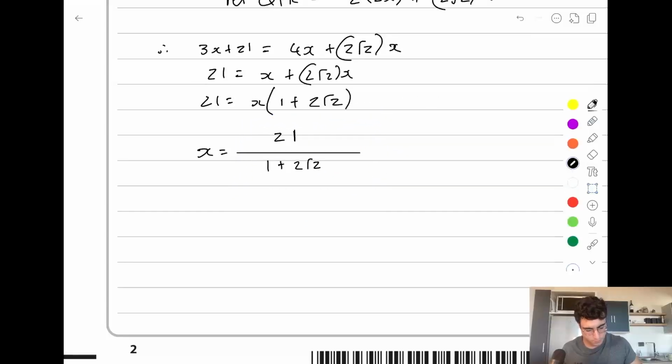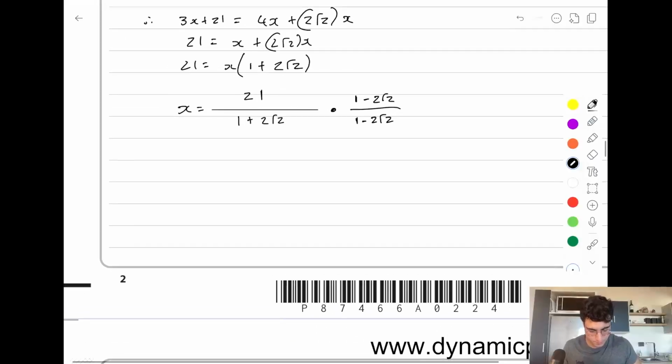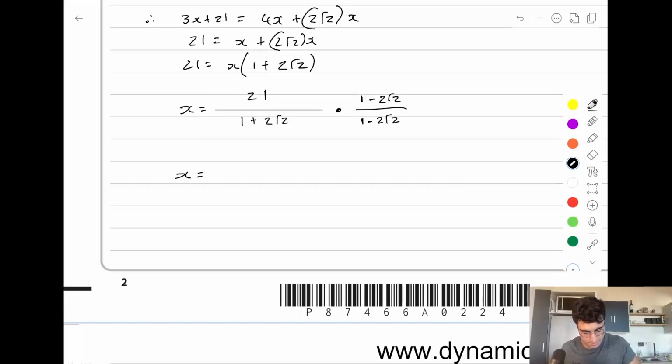Now what I'm going to do is rationalize the denominator, multiplying by 1 minus 2 root 2 over 1 minus 2 root 2. So x then is going to equal 21 times 1 minus 2 root 2, over 1 minus 2 root 2 squared.